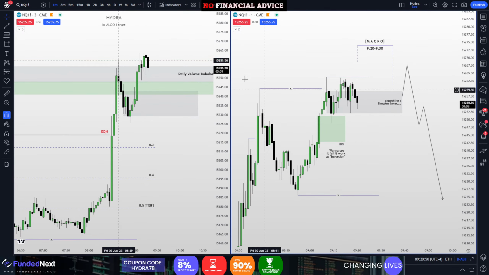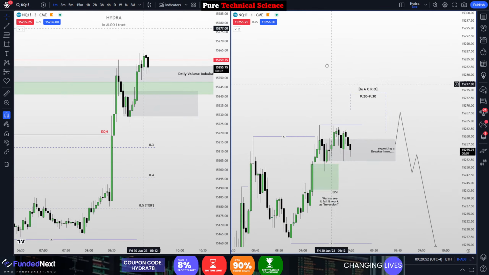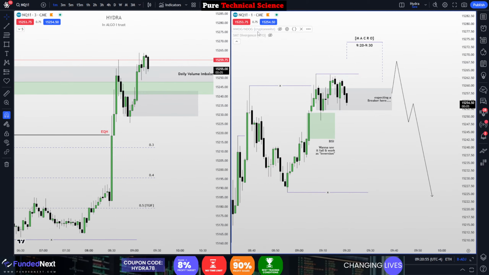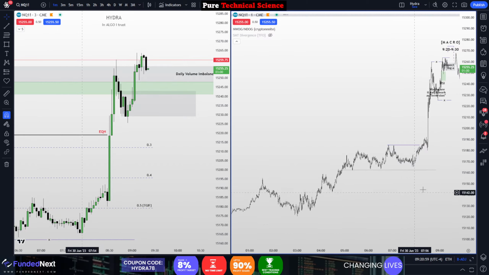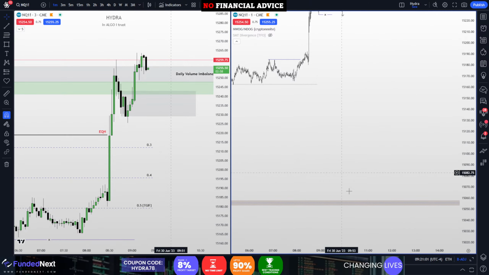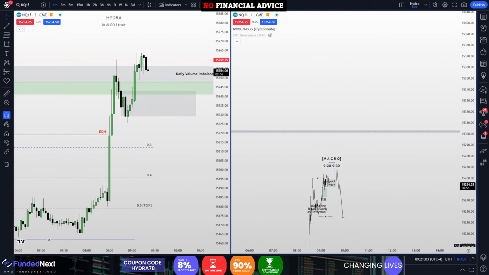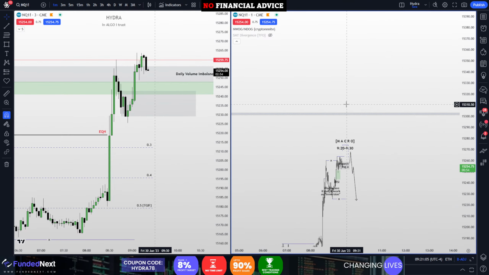So other than a daily volume imbalance, there's no new week opening gap anywhere near here. Do we have anything lower? Yeah, we only have this gap down here, and other than this we have this gap right here. I think it's a new week opening gap.